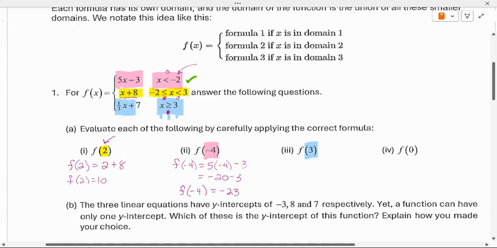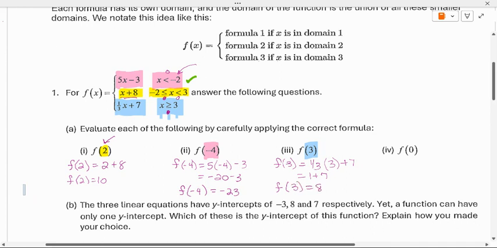So we're going to evaluate using this function. So f of 3 equals 1/3 times 3 plus 7. Well, 1/3 of 3 is 1, and 1 plus 7 is 8. So f of positive 3 equals 8.